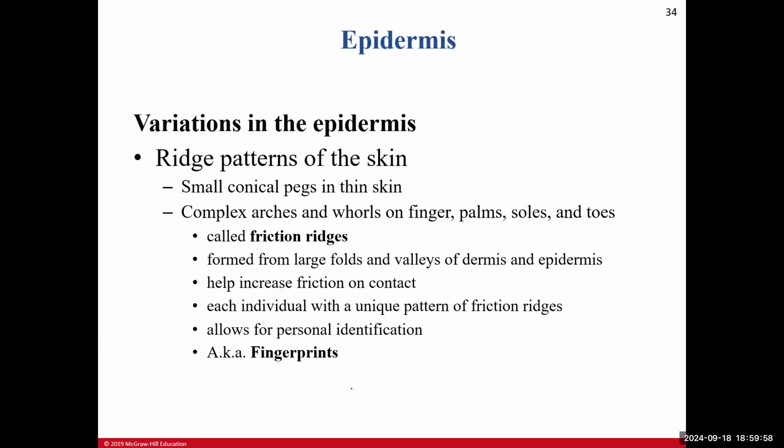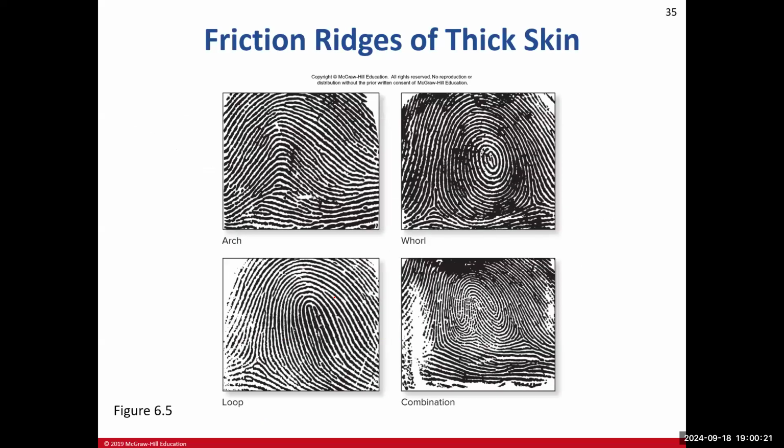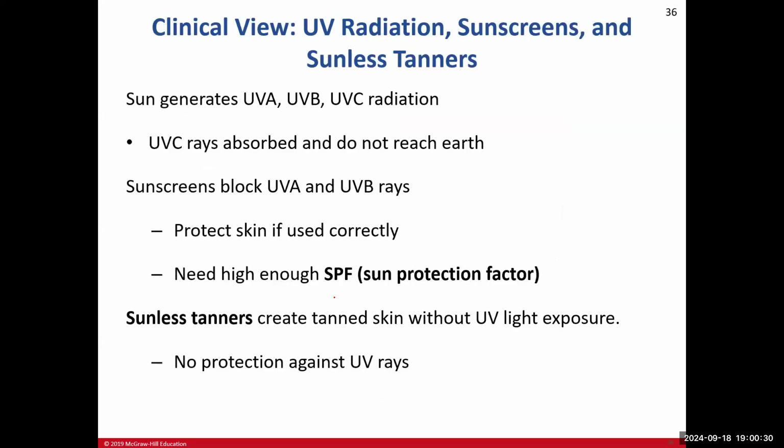But these fingerprints are going to be unique to that individual. Okay, so that's why we use it in some situations for personal identification. I like fingerprints because they help increase my friction so I can grasp things easier. All right, but that's their purpose here, and you can see the pictures there. Okay, so they're just depressions and elevations, peaks and valleys, and that's due to where your epidermis and your dermis come in contact with one another.